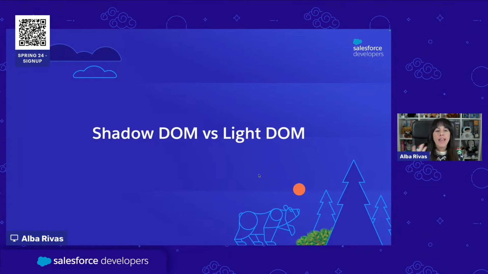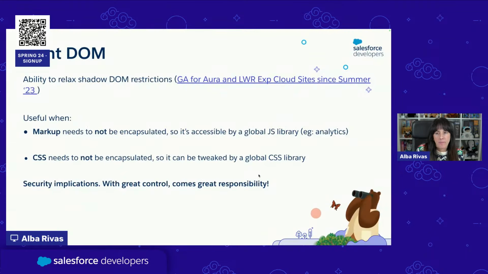But we said that in some cases, customers have the need to open that shadow DOM, right? Because we saw at the beginning that if we are using shadow DOM in our components, everything is going to be encapsulated, everything is going to be more secure, nothing is going to be able to style your components unexpectedly, for instance.